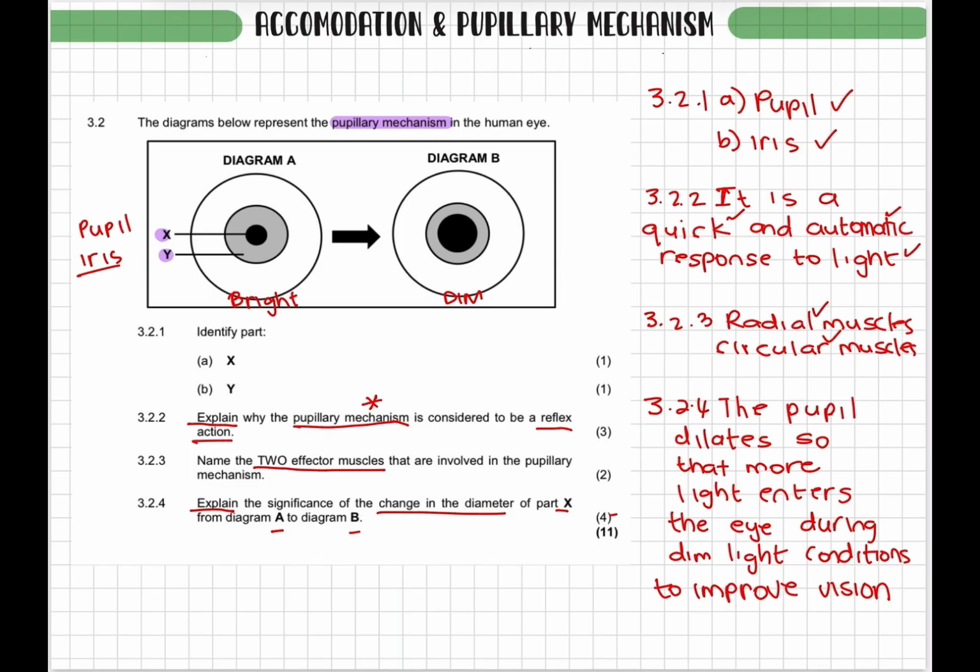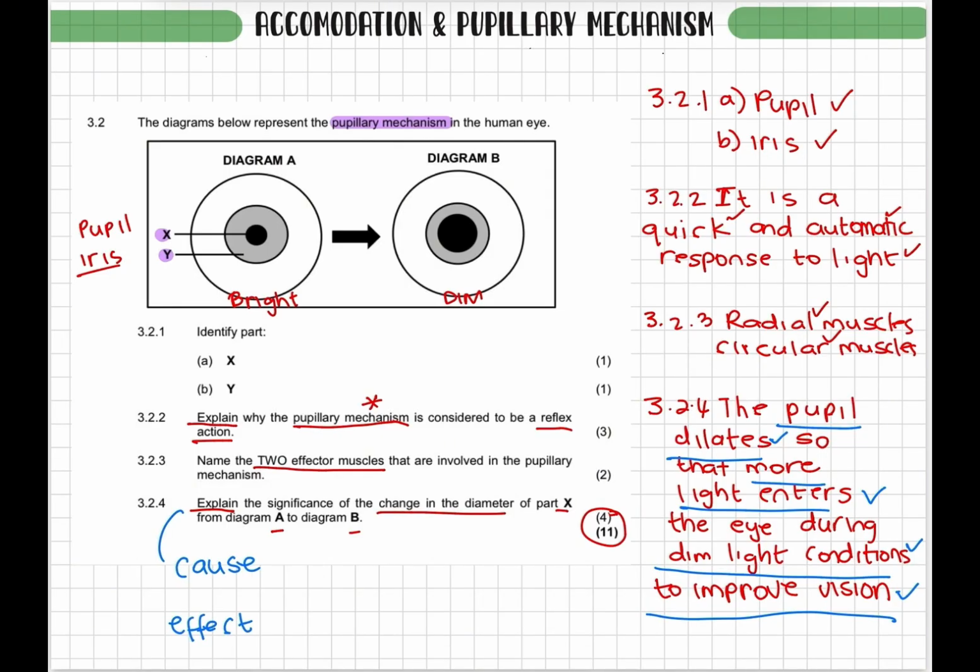This is a 4-mark question. As you can see, we mentioned that the pupil dilates so that more light enters the eye. This is during dim light conditions to improve vision. To get the 4 marks, you must mention the cause and the effect. So the first part will be the cause, and then the last 2 marks go to the effect.